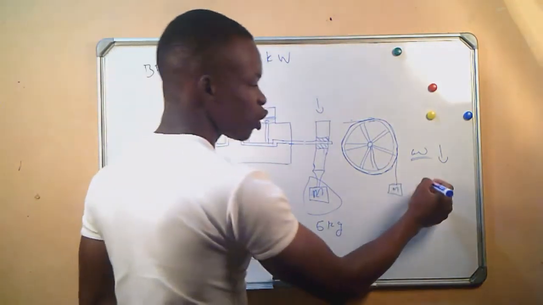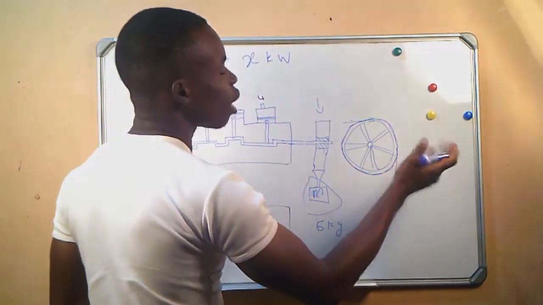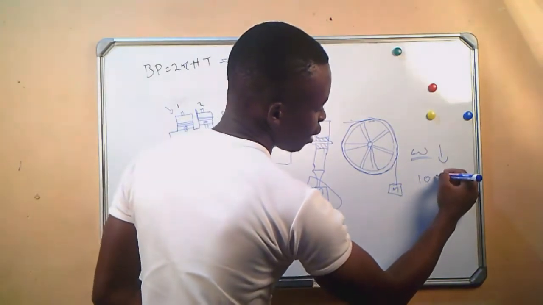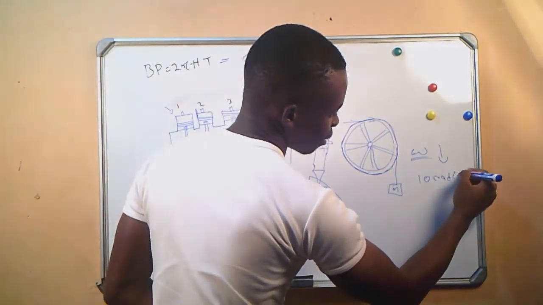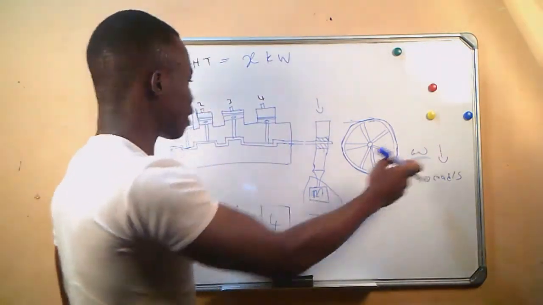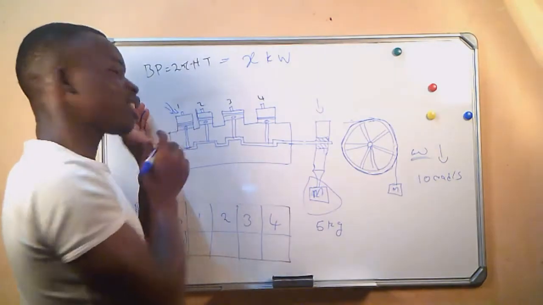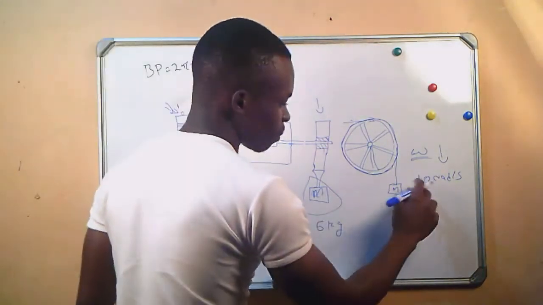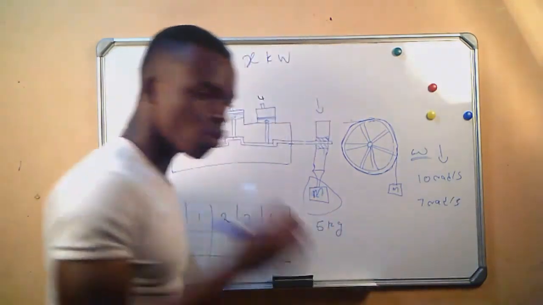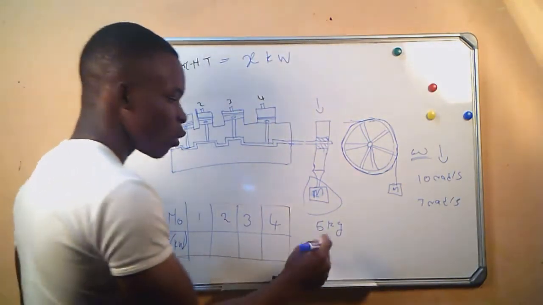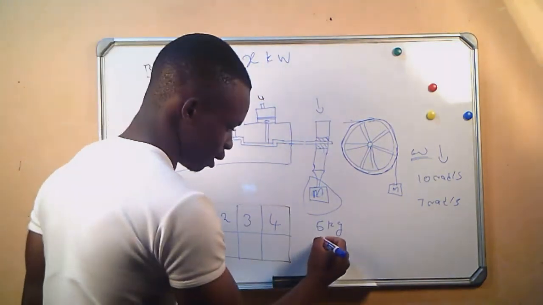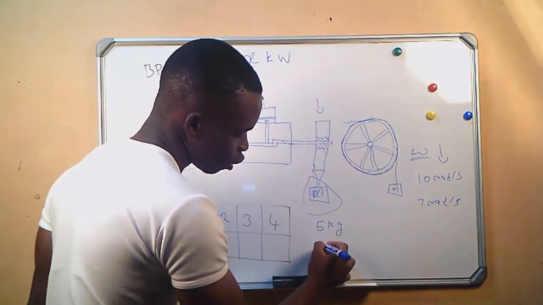And we say the angular velocity was 10 rad per second. Now, as a result of us shutting this down, we got from 10 to 7 rad per second. What we are going to do is, we come to the mass that is on the dynamometer, we reduce it. Let's say we get from 5 to 4 kg.